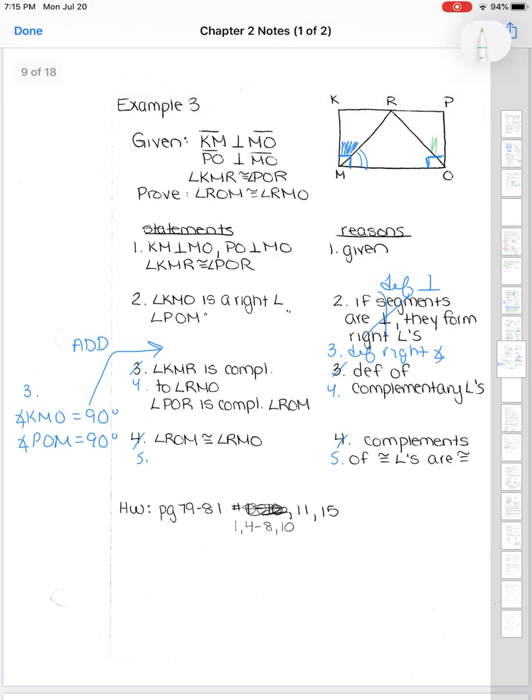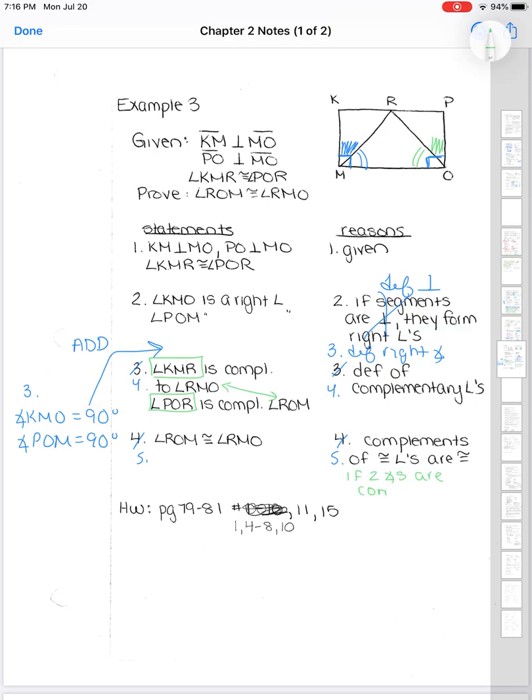And then line 3 over here is going to be definition right angle, because again, we have to get that number in there in order to be able to use complementary. Then we're going to say that KMR, this angle right here, is complementary to this one. And then vice versa on the other side, we're going to say this angle is complementary to that angle. And if you look at both of those statements, we were told from the beginning that KMR and POR are congruent.